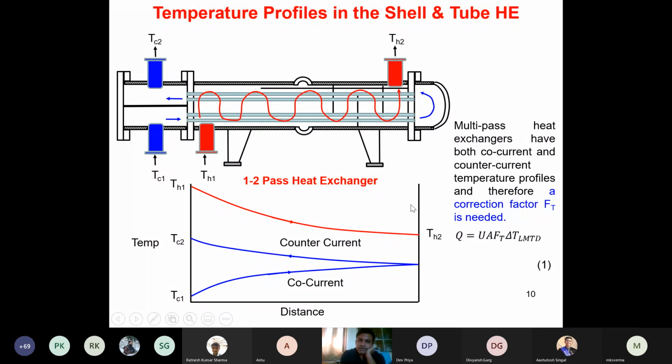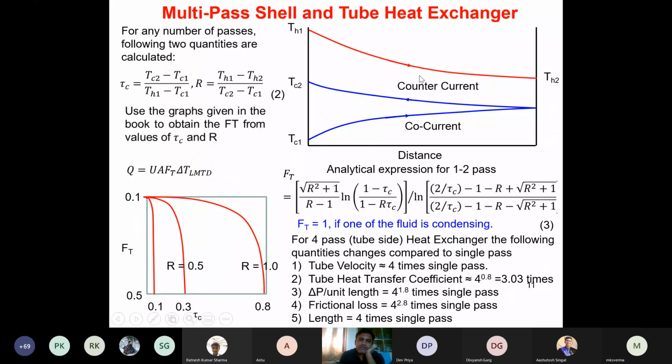So you calculate these two factors, tau C and R. Some different names are given in your lab manual, but these are exactly the same, isn't it? The tau C is nothing but how much is the increase in the cold fluid temperature divided by the maximum temperature difference present in the heat exchanger.